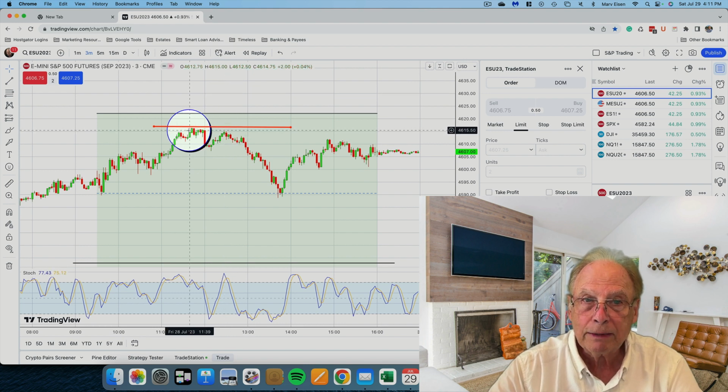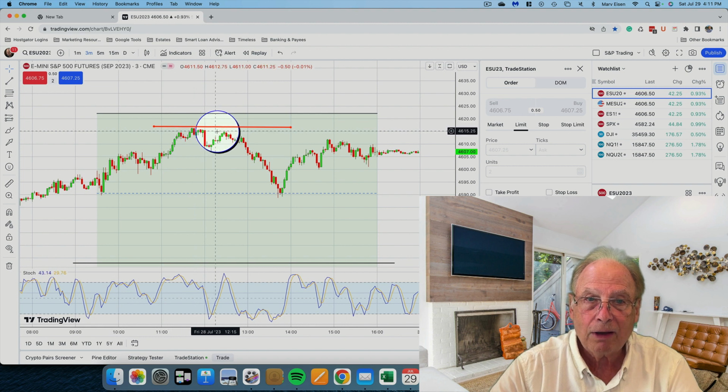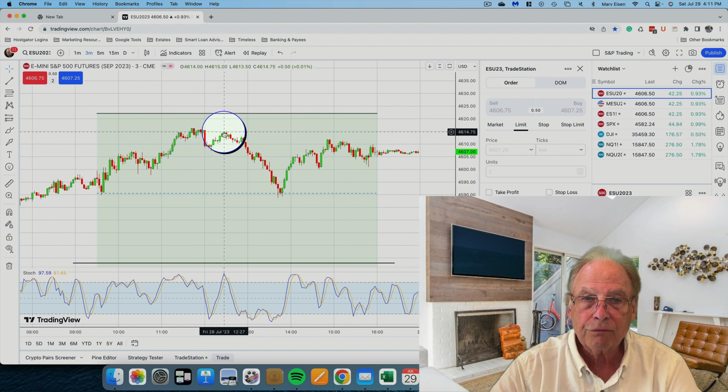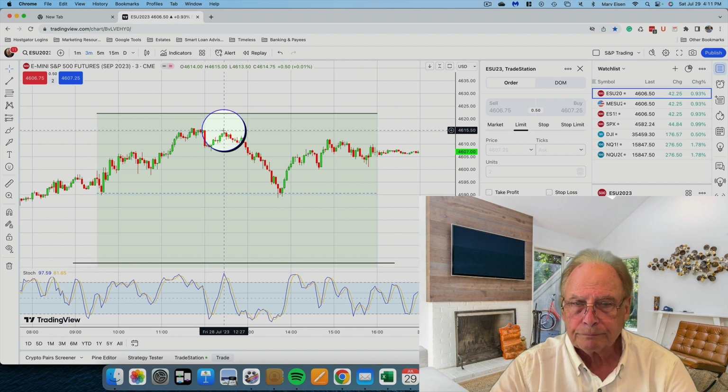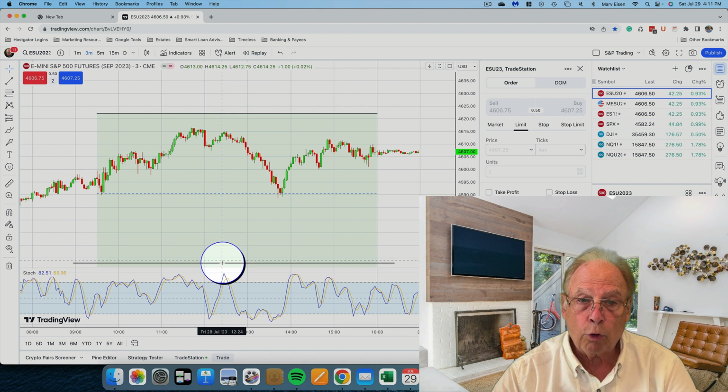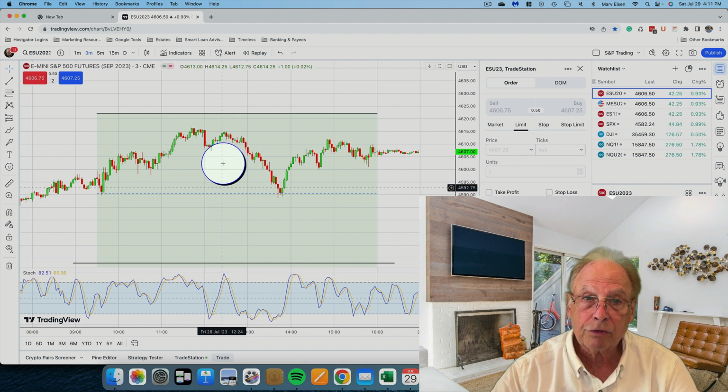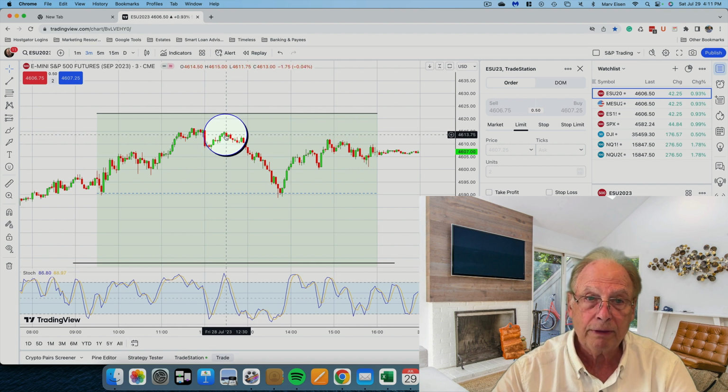The high over here was 46.14 and 3 ticks, just about a point below that. And look, there was an overbought stochastic that corresponded to this candle over here.